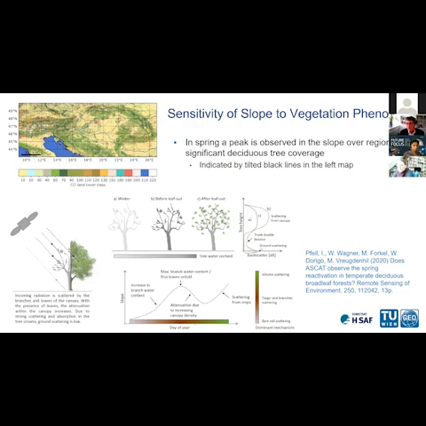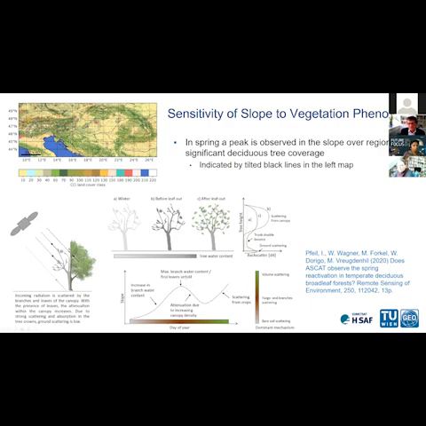Then we started looking into what other effects we might be seeing. In particular, in Austria in spring, around April, we often found a local peak of the slope, which later went back down and then went up again. We were really puzzled initially about what it is.